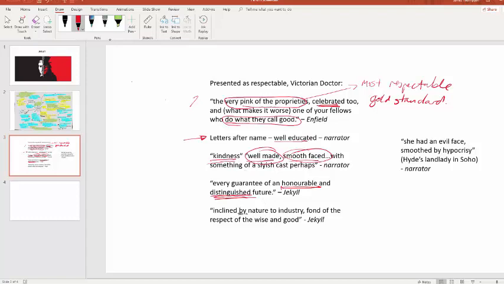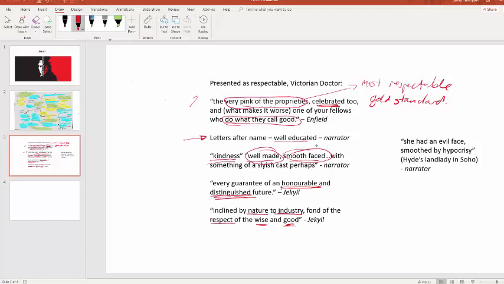And he says that he was inclined by nature to industry, so he was naturally industrious, which means he worked hard, and he was fond of respect, so he wanted to be respected. He was fond of the respect of the wise and the good. So all of this presents the character as this sort of perfect Victorian gentleman.